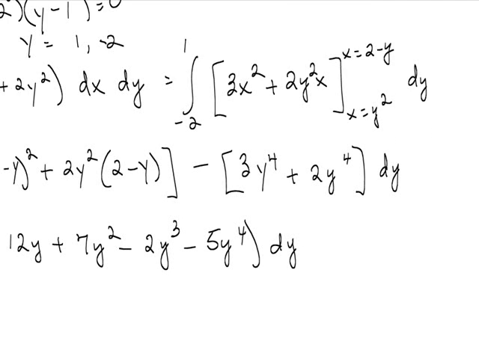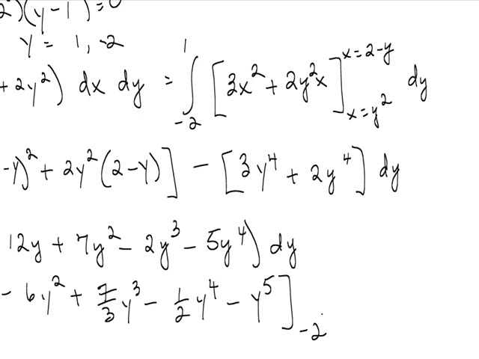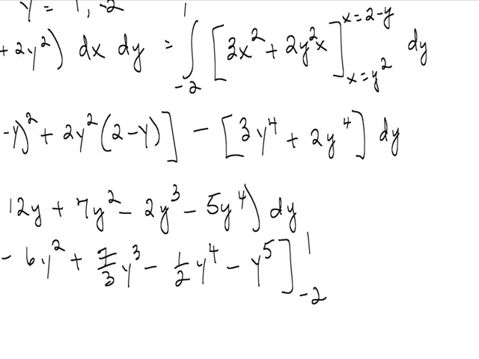Integrate: 12y minus 6y squared plus 7 over 3 y cubed minus a half y to the fourth minus y to the fifth, from minus 2 to 1, and this gives us 99 over 2. All right. Any questions?